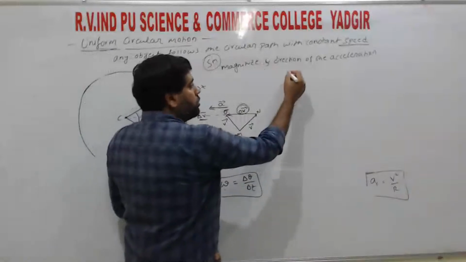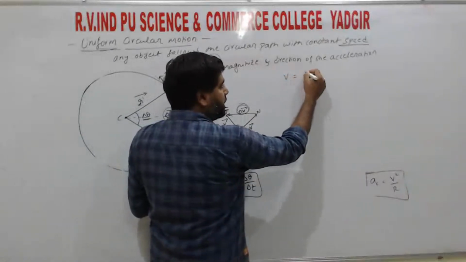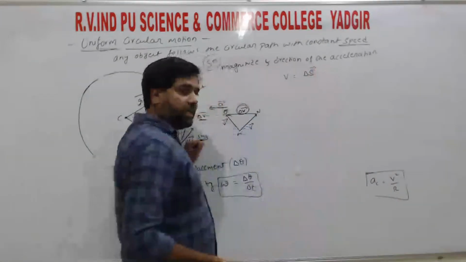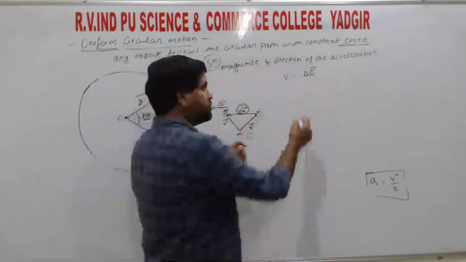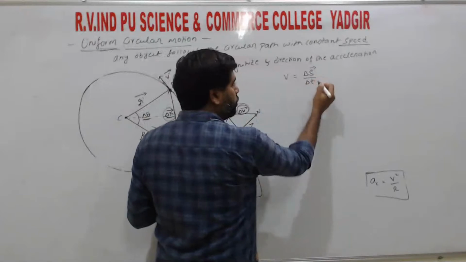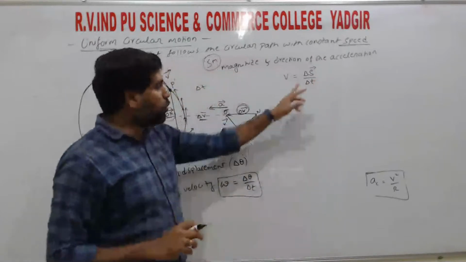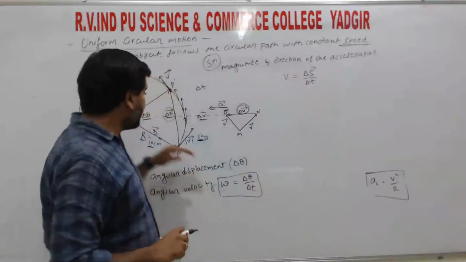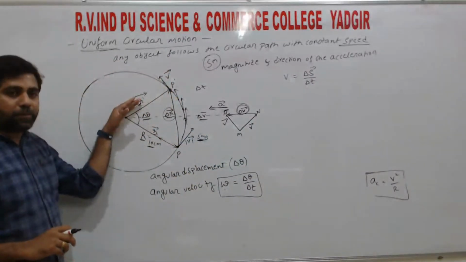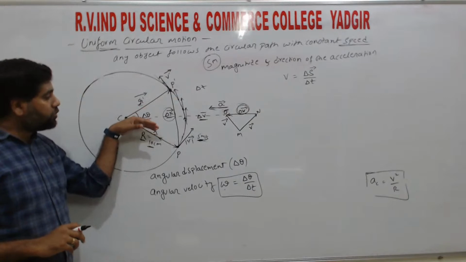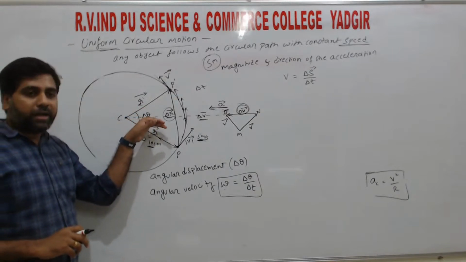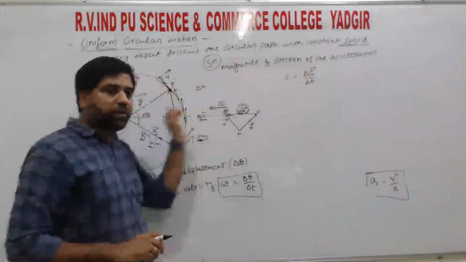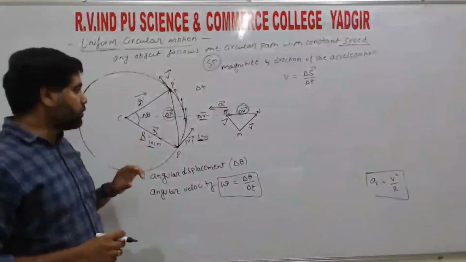We know the velocity v is equal to the change in displacement, which we can write as delta s, with respect to the time taken. So a small change in displacement over a small time taken. Here we have the angular displacement, denoted by delta theta, so we are going to replace the linear displacement with the angular displacement.